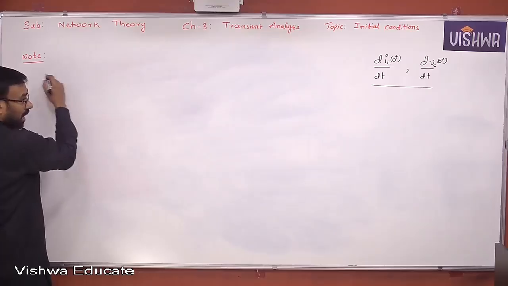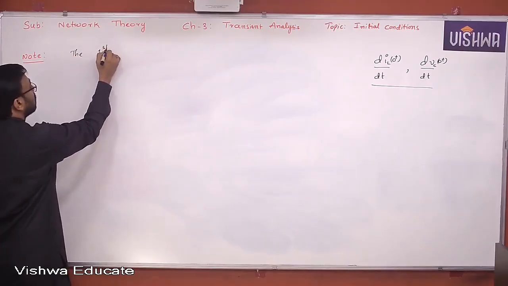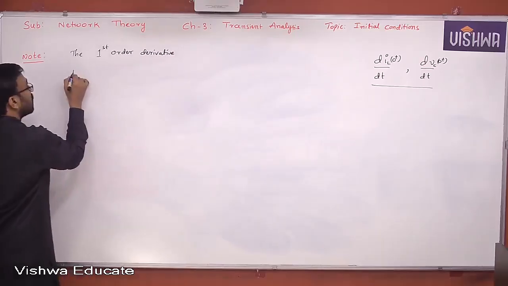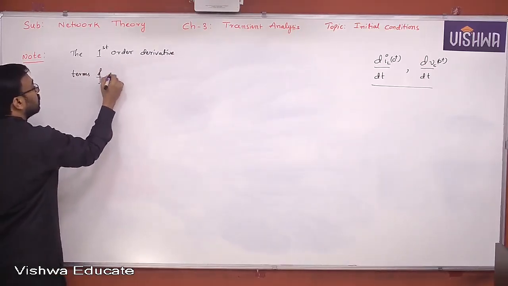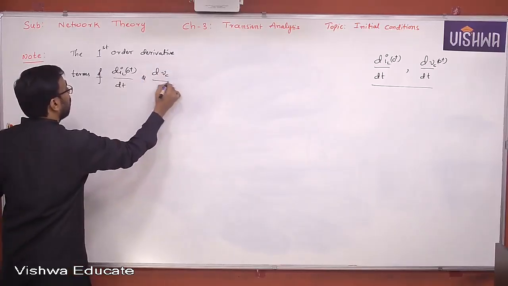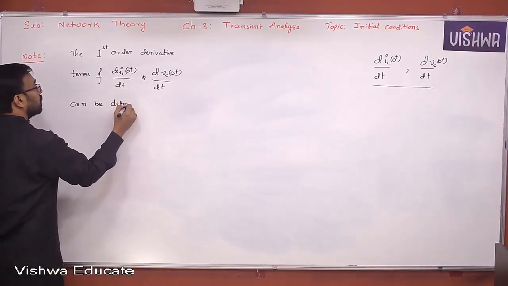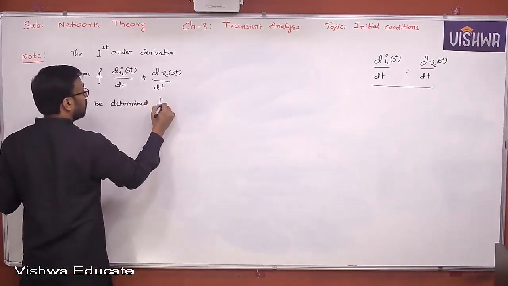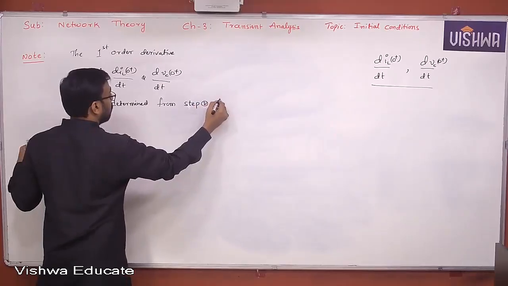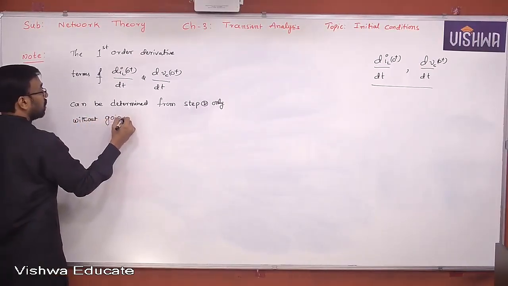So just put a note and write down: the first order derivative terms dIL of 0 plus by dt, where I is the current through the inductor, and dVc of 0 plus by dt can be determined from step 2 only, without going for step 3.